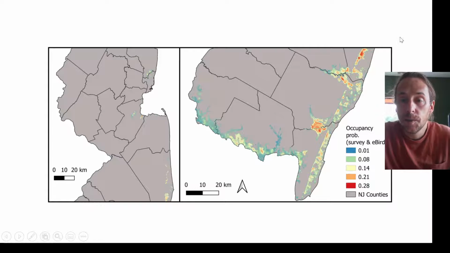And I think it's pretty clear that using maps like this can really aid even on the project-specific scale. So if you're going to be working on a resiliency project in the Great Egg Harbor estuary, for example, you'd really want to know that black rail are highly likely to occur and where within that estuary they are.